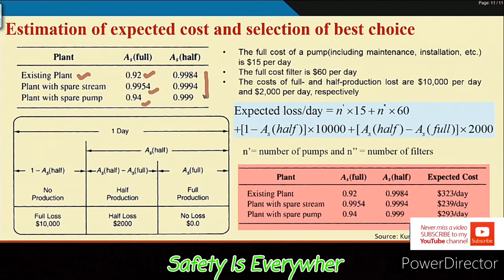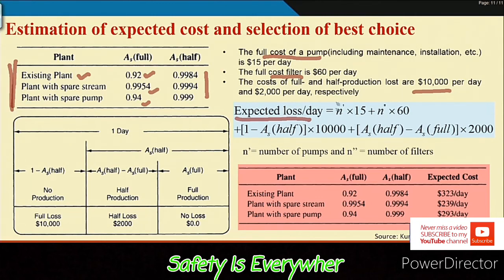Now if we know some data, like the full cost of a pump including maintenance and installation, the full cost of a filter including installation, maintenance, etc., and the loss for not having full production or having half production, then using this formula you will be able to find out the expected loss per day for three different alternatives.